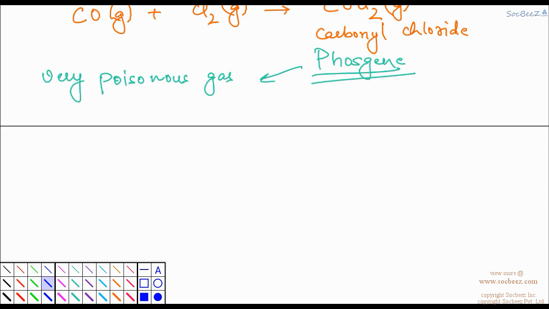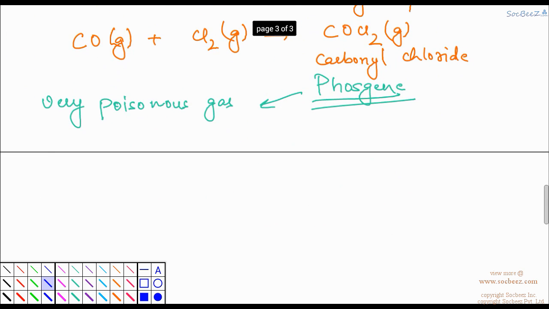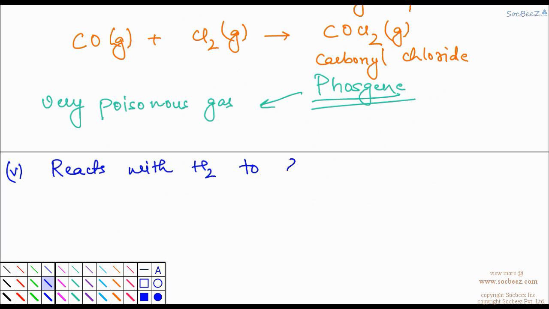Now another important reaction of carbon monoxide is when it reacts with hydrogen. This would be the fifth property. Property number 5. It reacts with hydrogen to form methanol, which is of industrial importance.